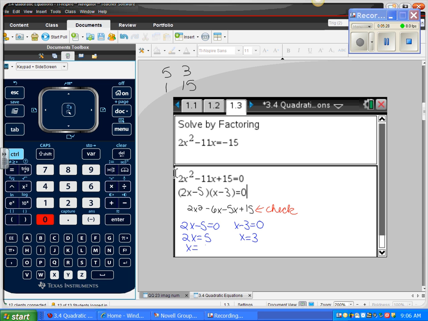Divide by 2. So we get 5 halves and 3. So those are our solutions. Okay. No, we don't. We checked it by foiling it back out to see if the factoring was correct. If the factoring is correct, your solutions are correct. Okay, but you absolutely can check it back in if you feel more comfortable doing so.